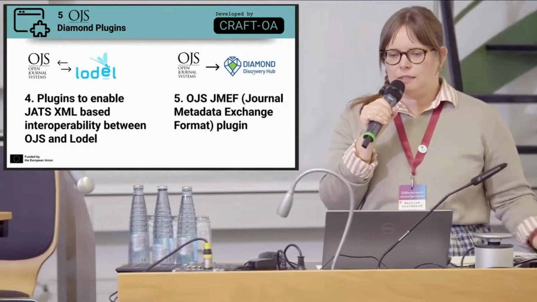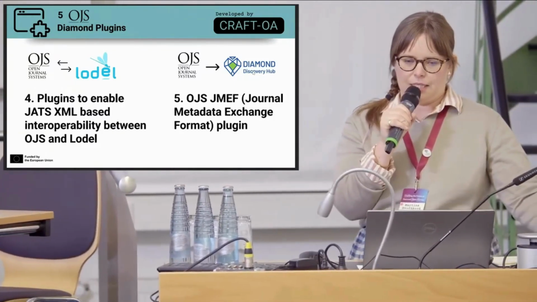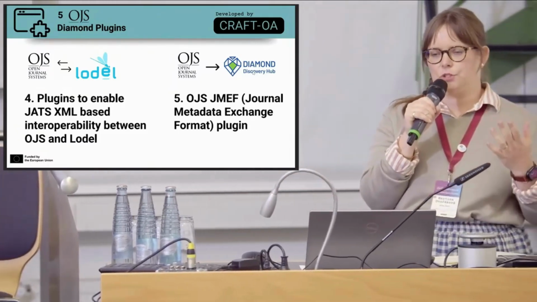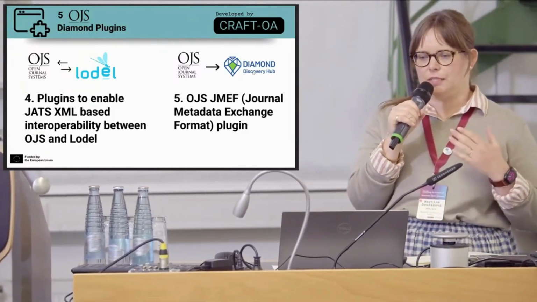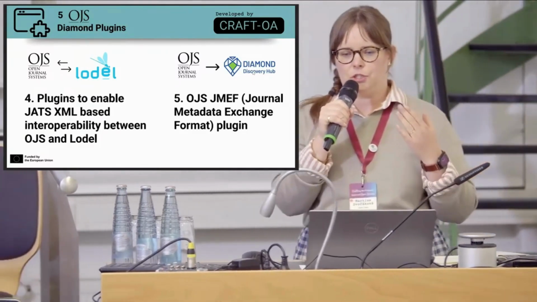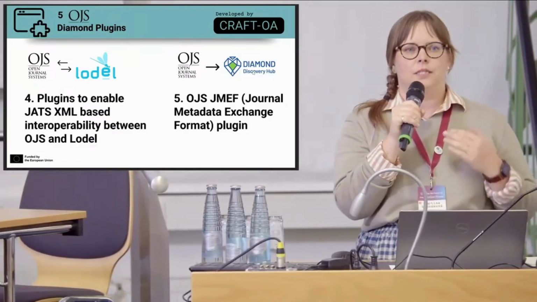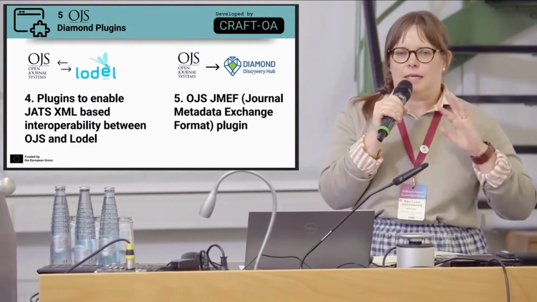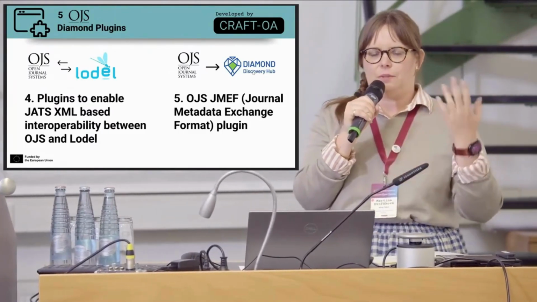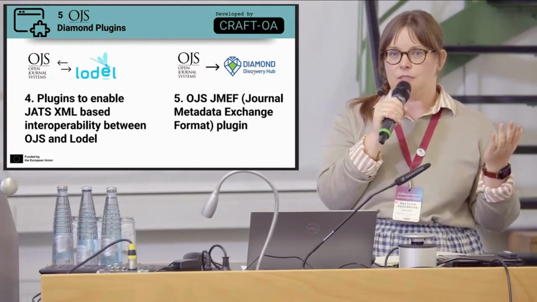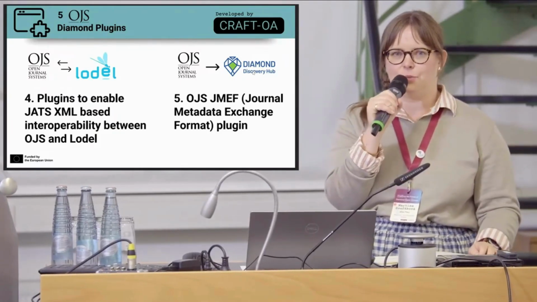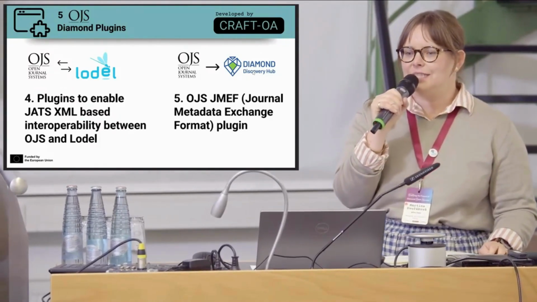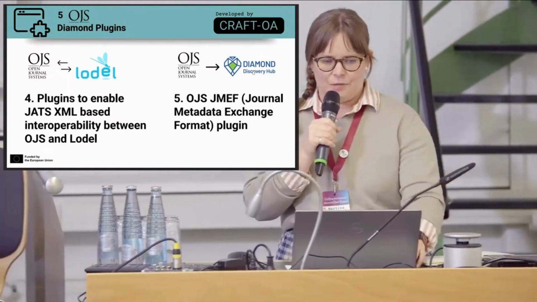The fifth one is the OJS JMEF plugin, which is a converter that creates for your journal an XML file which is compliant with the Journal Metadata Exchange Format. You need to have this Journal Metadata Exchange Format XML because you need that to be able to list your journal in DDH. And as we heard this morning, DDH is definitely a place to be for your journal. So this plugin can be useful for that.